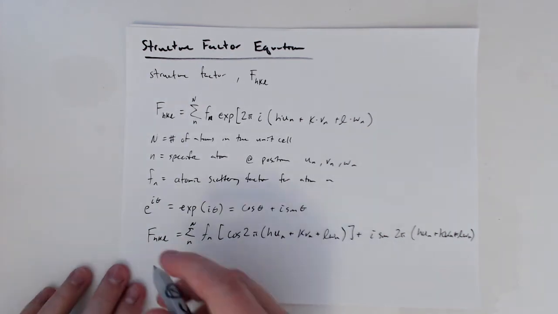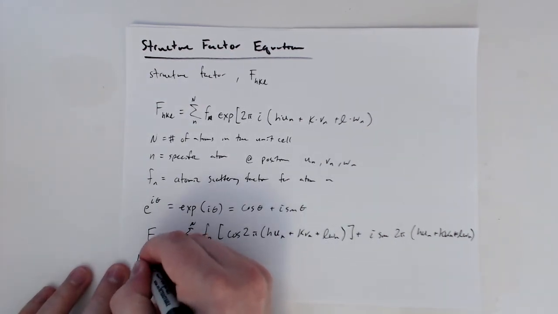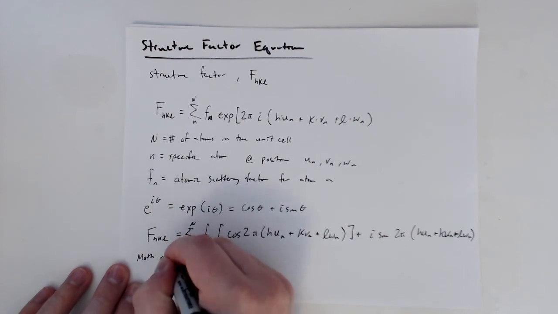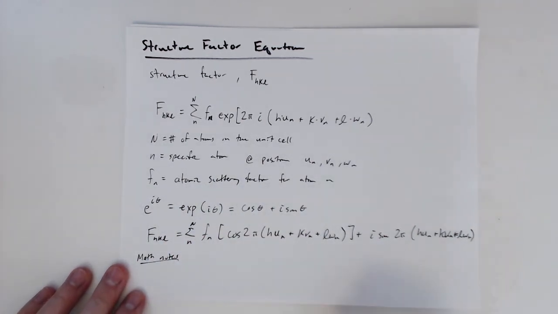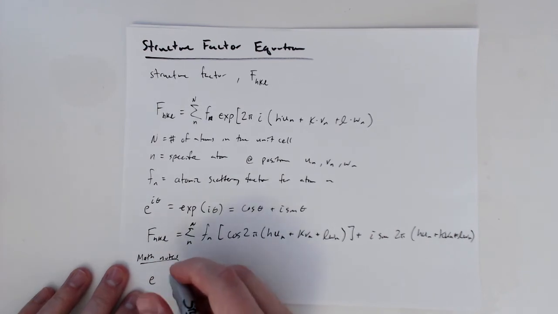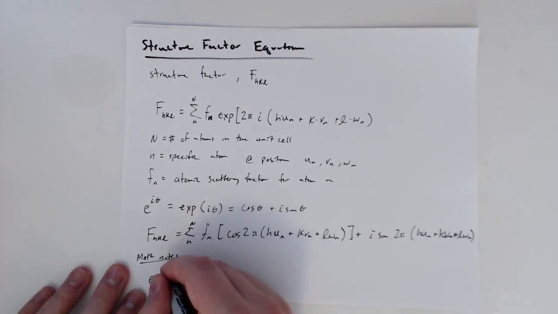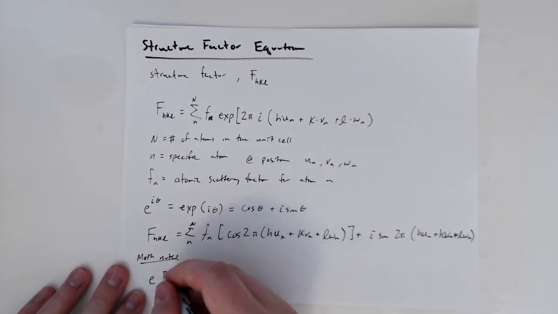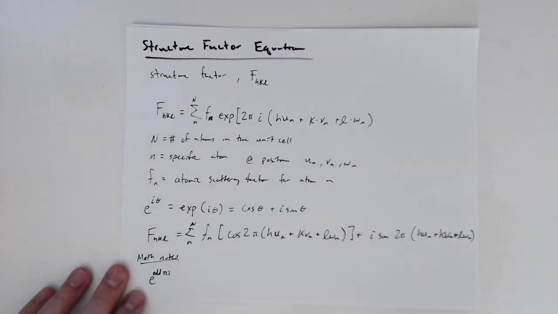Okay, I do want to make a couple additional notes about the math here, what I'll call math notes. When we have an exponential of an odd number times pi i, this form of the expression becomes about even or odd. When it is odd, this term is equal to -1, so it really simplifies this expression.